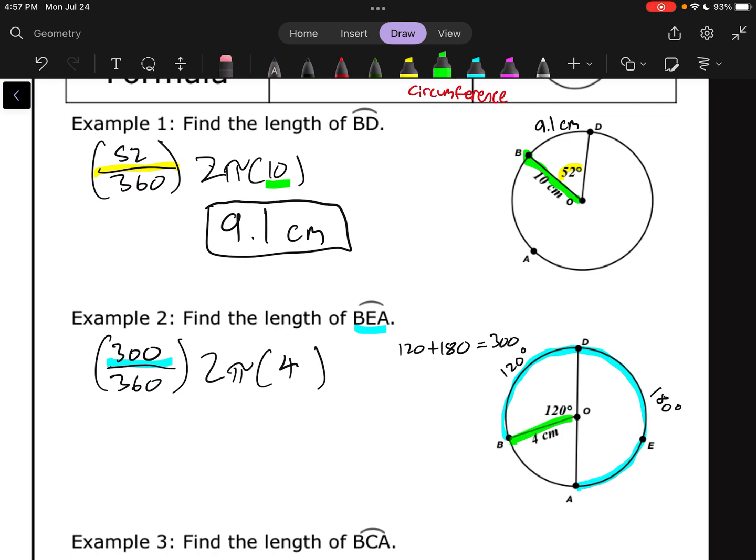The 4, once again, is coming from the radius. So now that I've got that figured out, let me type that in. 300 over 360 times 2 times pi times 4 is giving me 20.9 centimeters.